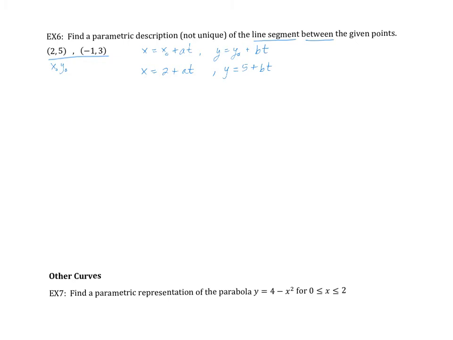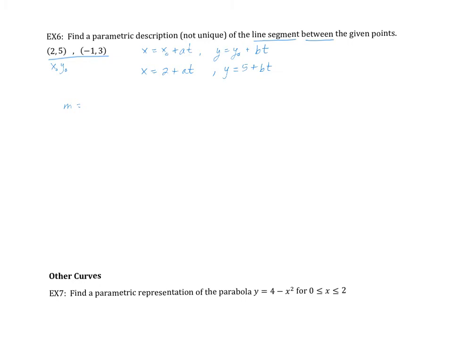So now I have to figure out what a and b are. I'm going to compute the slope. I have 2 points. I'm just doing the y sub 2 minus y sub 1 over x sub 2 minus x sub 1. And it doesn't really matter which point you start with, since we don't have a direction that it's generated in.